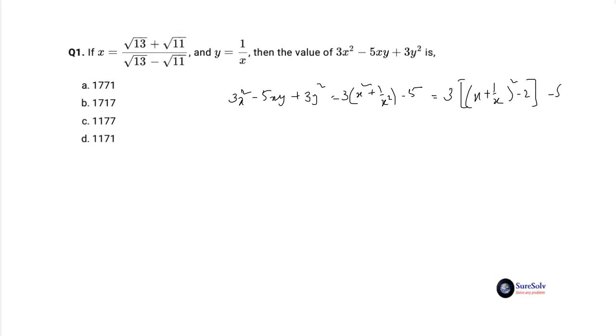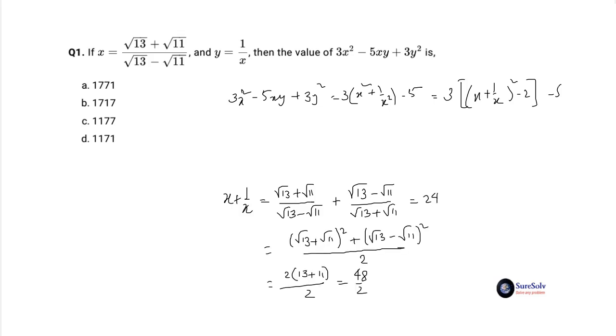The main task is simplified to evaluating x plus 1 by x as an integer from the given expression. The simplest way to do this is to take the direct approach and add the absurd fraction of x with its inverse. You'll get the integer value of x plus 1 by x easily as 24, like x plus 1 by x equal to root 13 plus root 11 divided by root 13 minus root 11 plus root 13 minus root 11 divided by root 13 plus root 11 equal to 24.